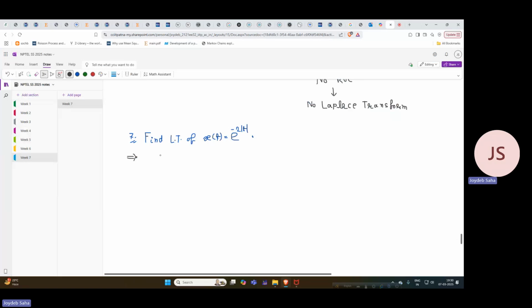Okay, so can we write that mod t is plus t for t greater than 0 and minus t for t less than 0?